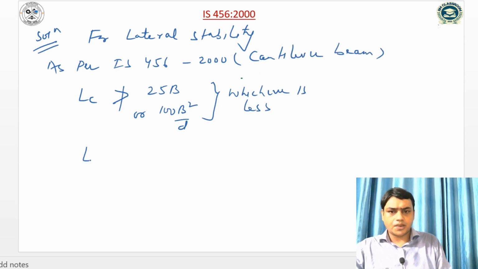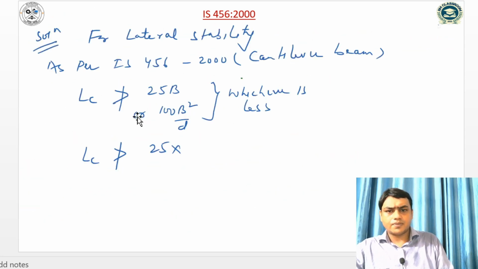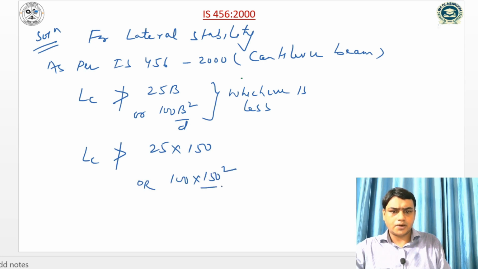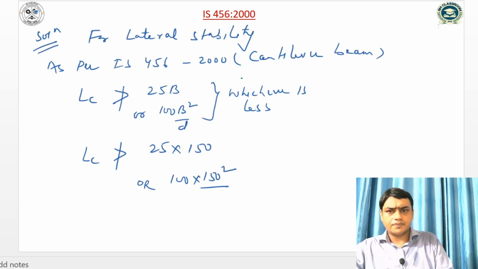So if I compute the clear span, LC should not be greater than 25 into width of the beam, which is given 150, or 100 into 150 whole square divided by D, where D is 500 mm.